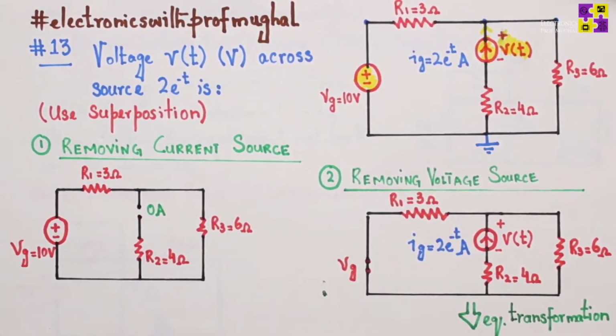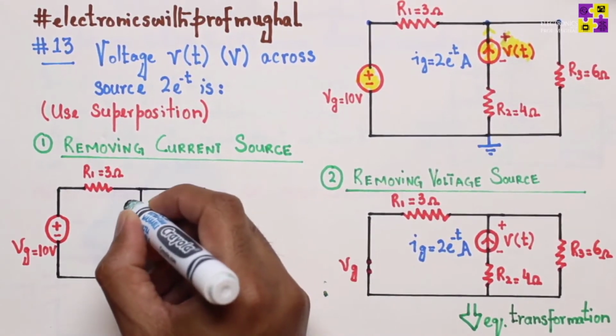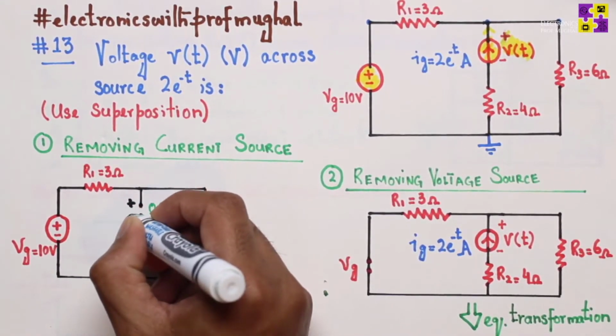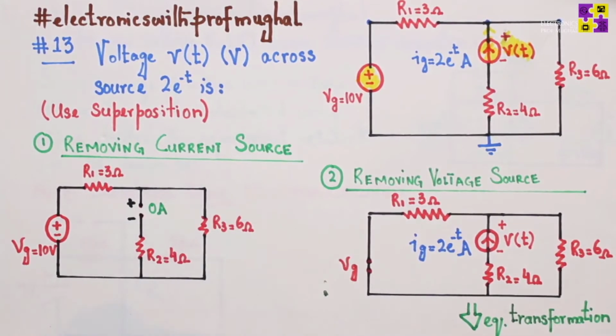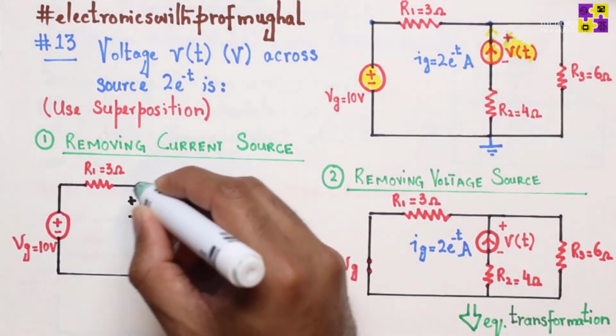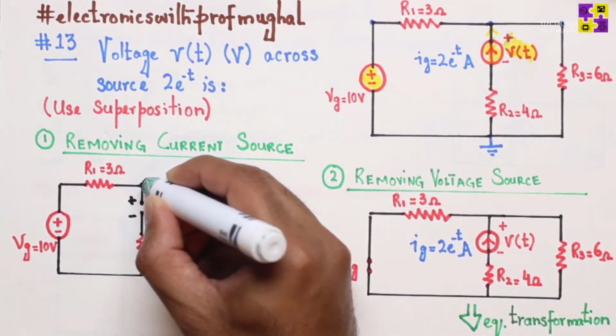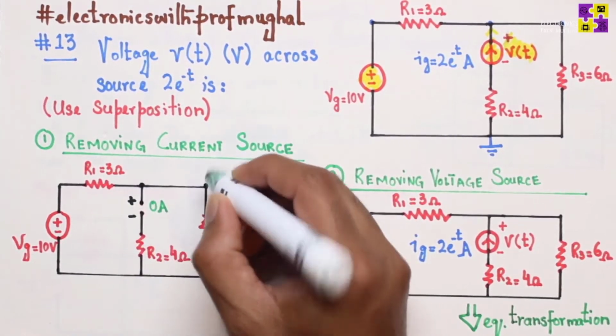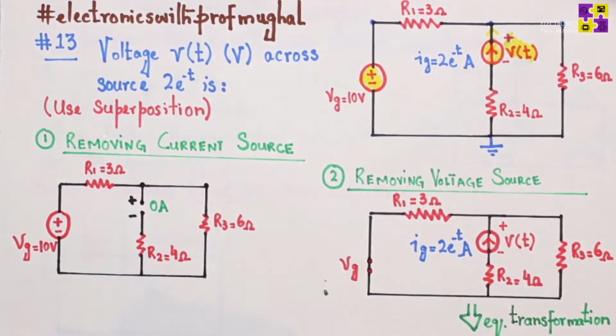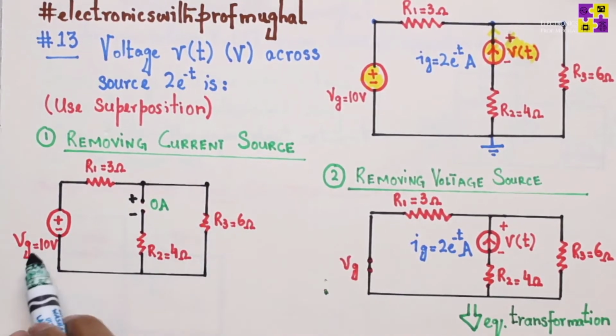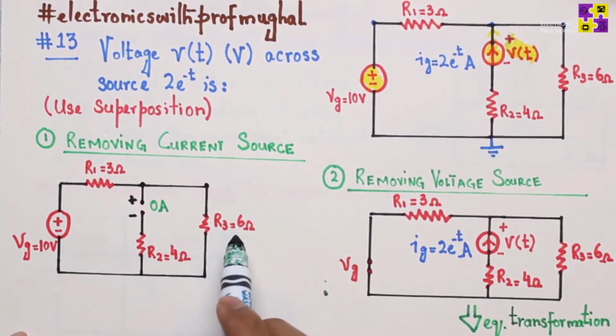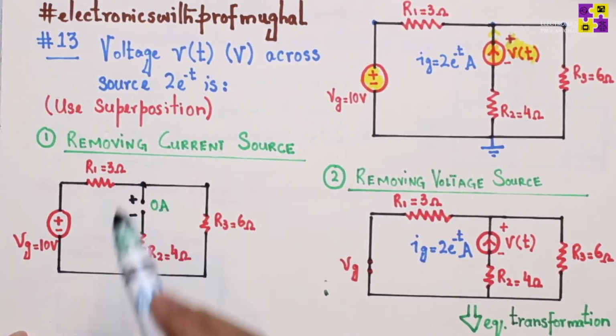Correct? Now, remember, our goal is to find out the voltage across this current source. So whatever the voltage is over here, the same voltage will be over here because the two branches are parallel to each other. And I can just simply apply voltage divider to find out the voltage at this terminal.